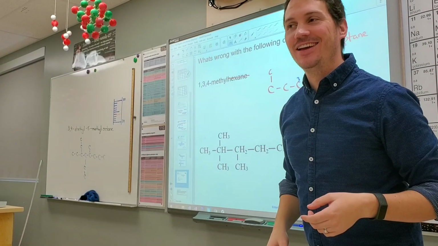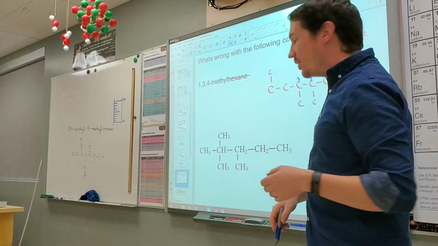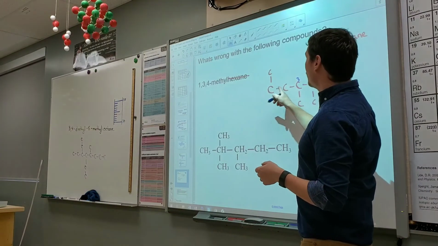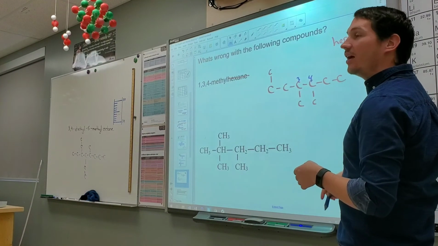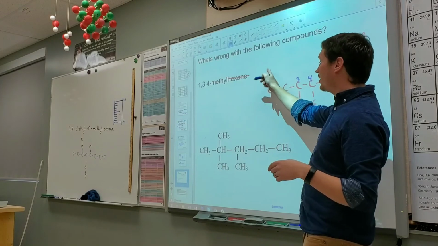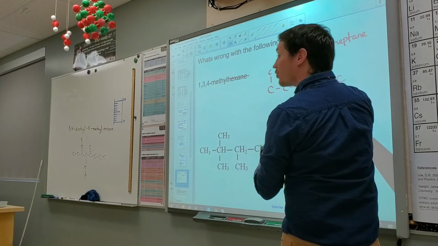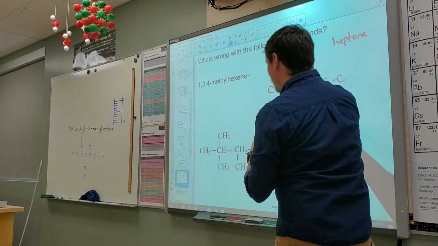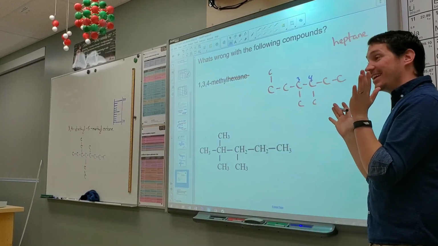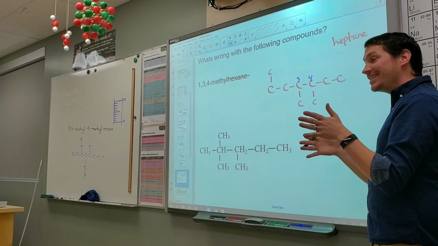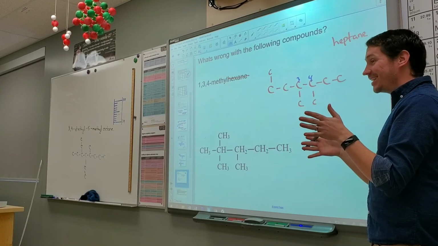No, it's the other way. Instead of numbering it 1 through 7 from the old end, because we added a carbon onto that end, we have to start numbering this way. 1, 2, 3, 4. So the 3, 4 stays. So you're right, but for the wrong reason. Does that make sense?